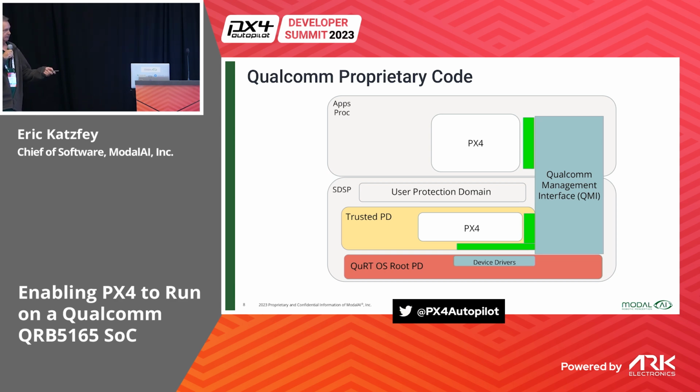Ultimately, we had to make it live in this layer here, but there was no way to get it from the PX4 file system directly into here through any of the mechanisms that they publish and have APIs for in the user protection area.